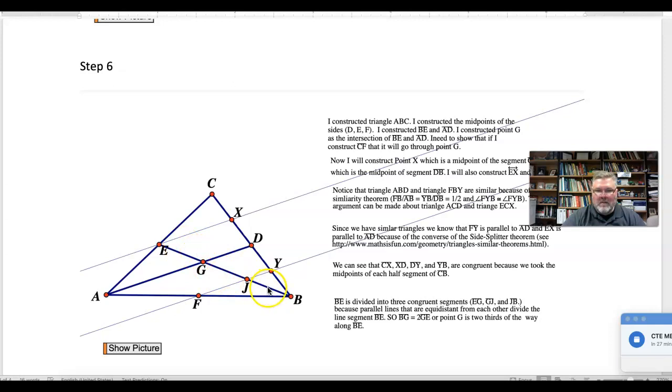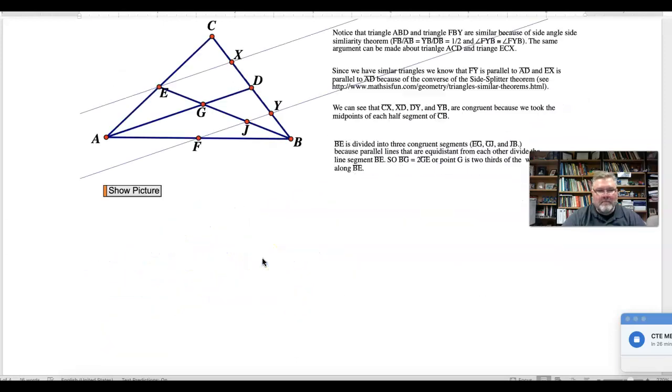So if we look at BG, this segment is 2 times as long as GE, or the point G is 2/3 along the way of BE. So this intersecting point that we're aiming for is 2/3 of the way down this particular segment.